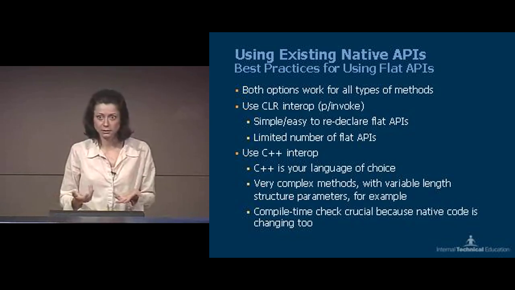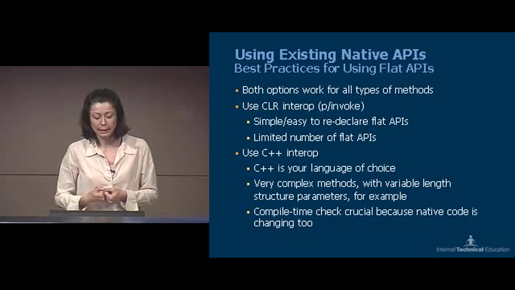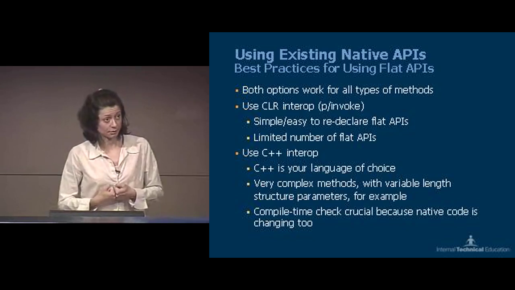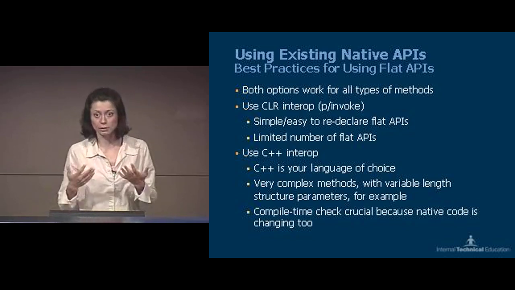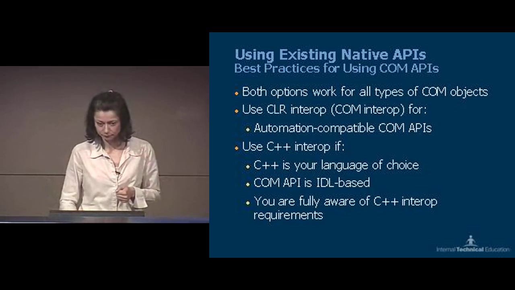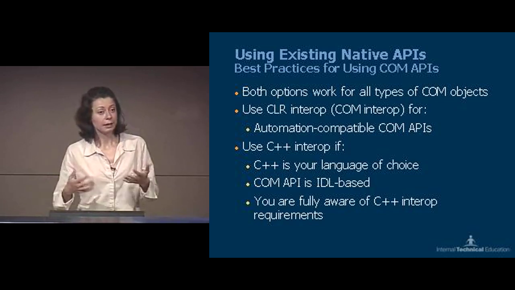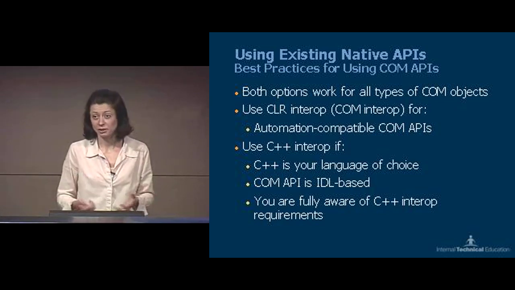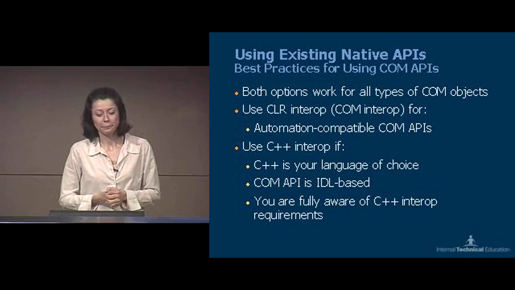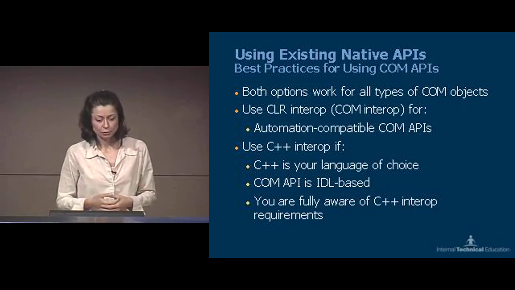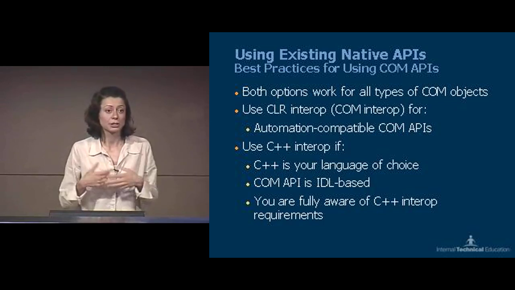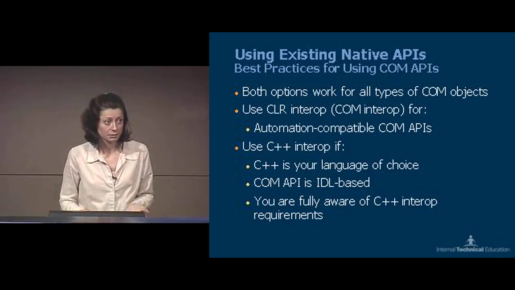And if compile time checks are really crucial for you because both sides are changing. Again, for COM objects, both technologies really work. And we recommend using CLR interop if you're using automation compatible COM APIs.